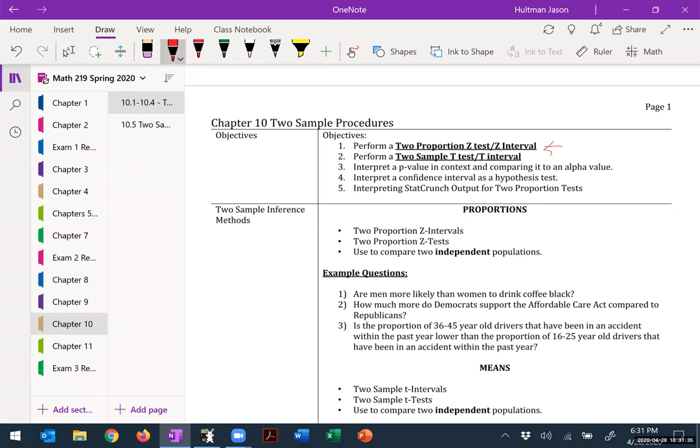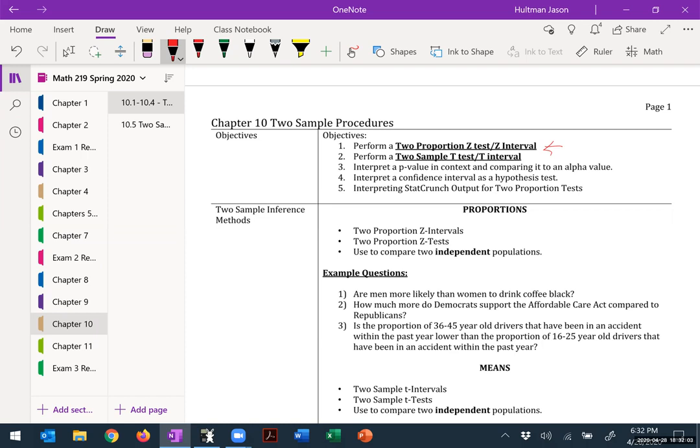Today I'm going to just focus on the proportion part. On Thursday, we're going to finish this up, going over the means part, and then we're going to do some practice problems.